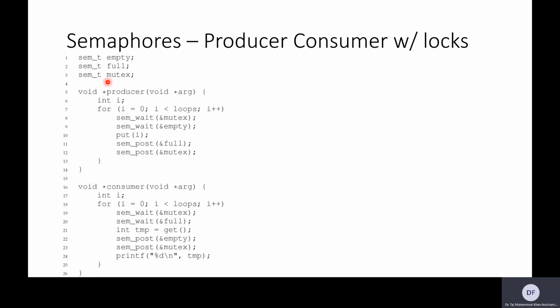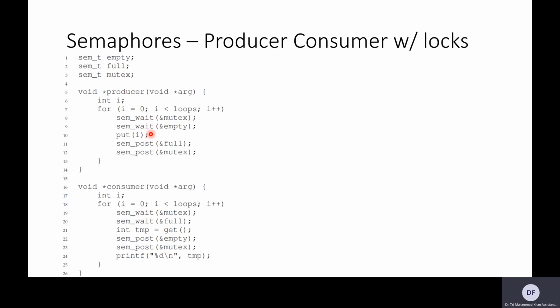This is again a semaphore whose name is mutex. We'll be using this semaphore variable as a lock. By initializing it to 1, we can use a semaphore as a lock. So whichever thread wants to call put shall first acquire this lock, and only then it can enter this critical section.